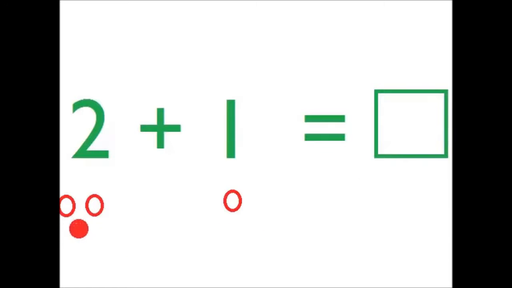We count up all the marbles that we just got. All right? So count with me, boys and girls, and we will get our answer. 1, 2, count on 3. So 2 add 1 equals 3. Our answer is 3.